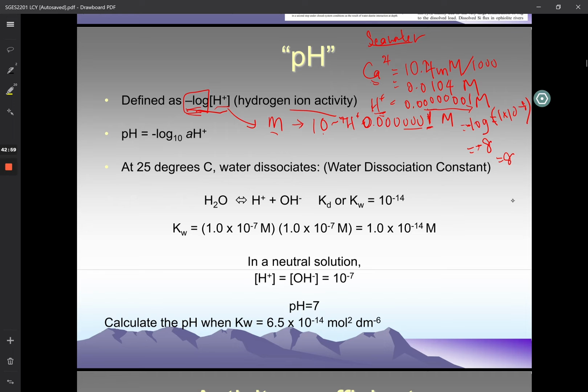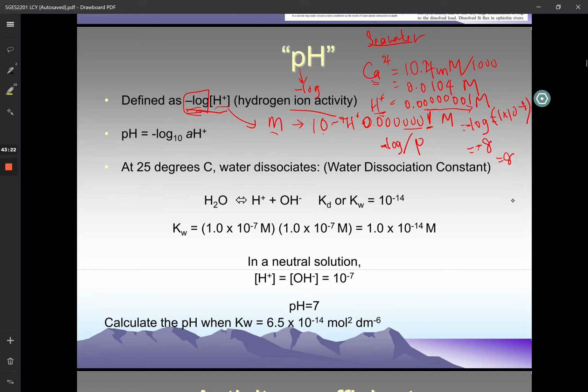So this is why we use the term negative log, which is known as P. P is a short form for negative log.